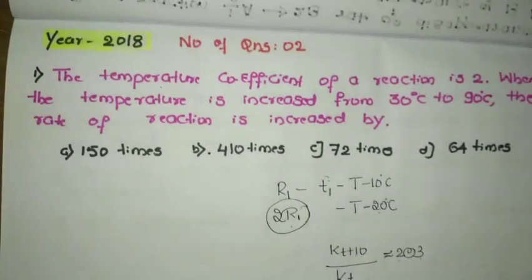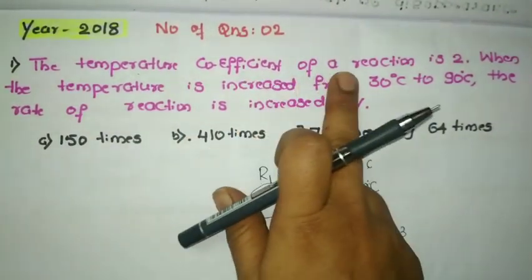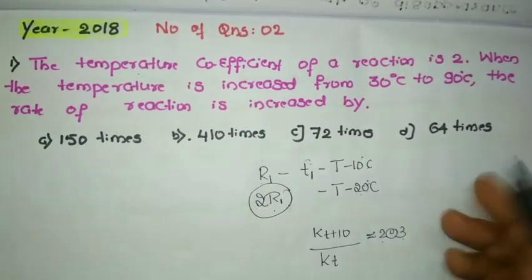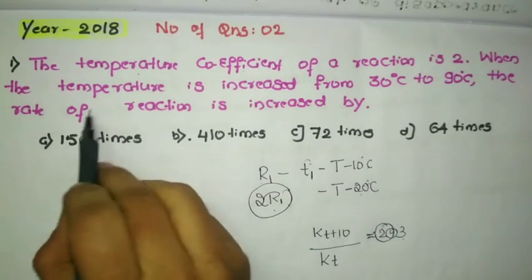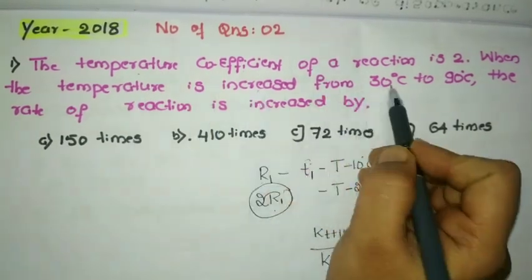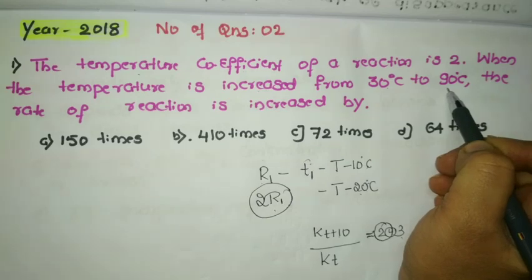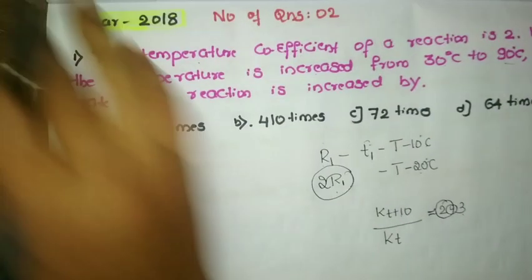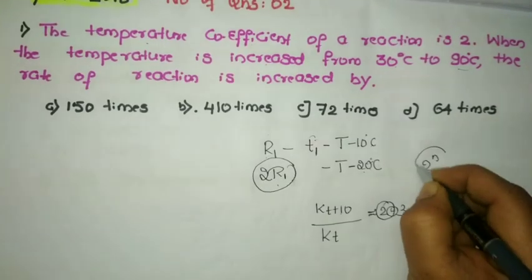Now the question: the temperature coefficient of a reaction is 2. When the temperature is increased from 30 degrees to 90 degrees, the rate of the reaction is increased by how much? Quite simple. I know the value of 2 to the power n.